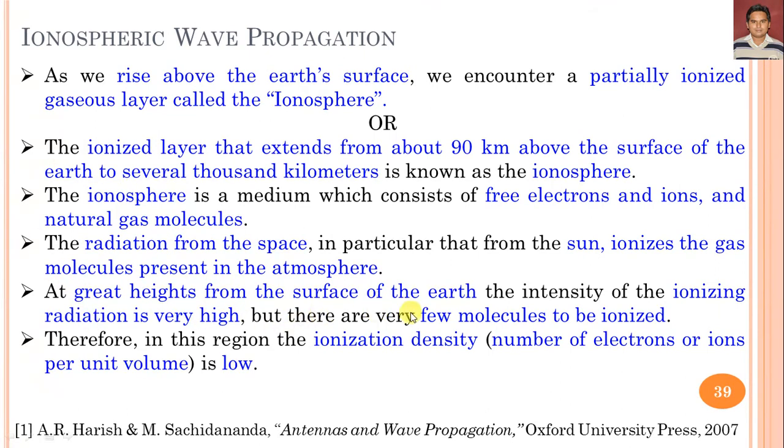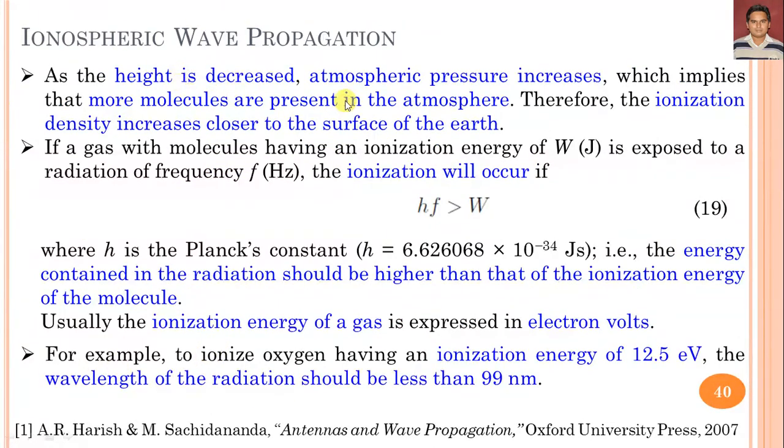At great heights from the surface of the earth, the intensity of ionizing radiation is very high, but there are very few molecules to be ionized. Therefore, in this region, the ionizing density, measured in number of electrons or ions per unit volume, is low. As the height decreases, the atmospheric pressure increases, which implies that more molecules are present in the atmosphere.